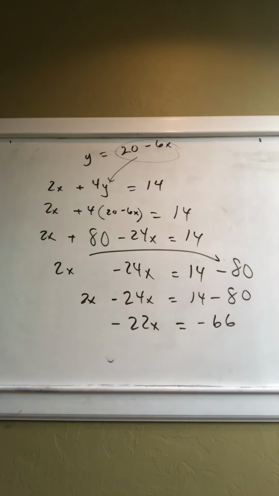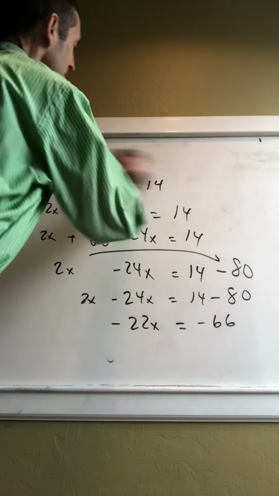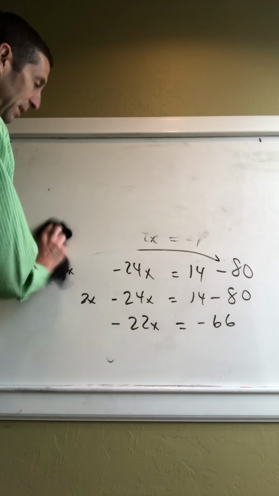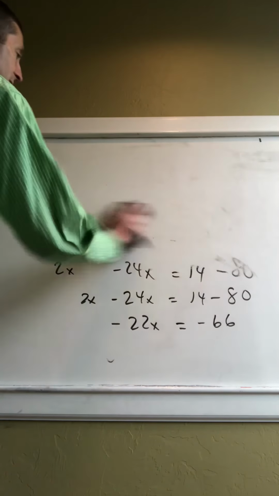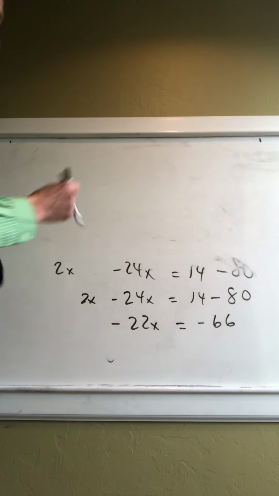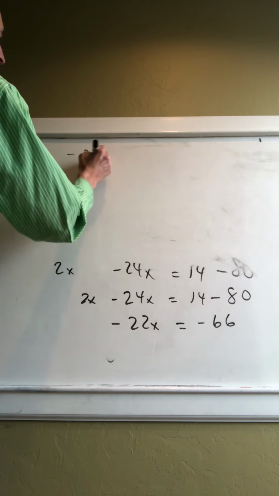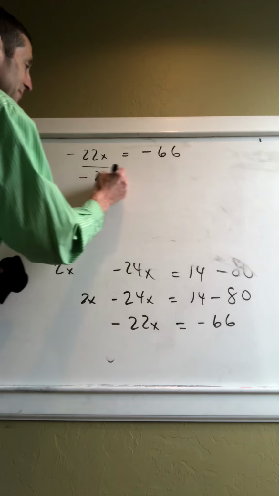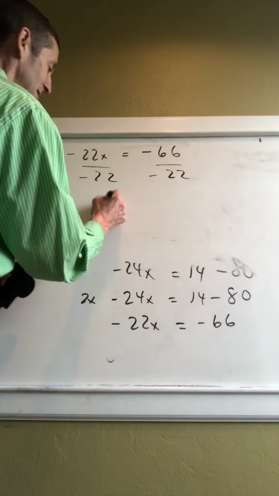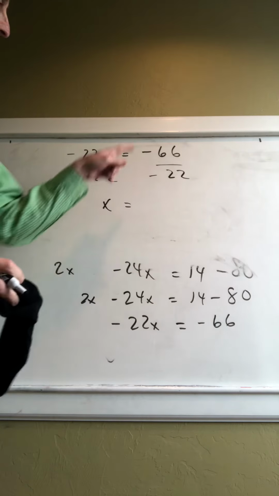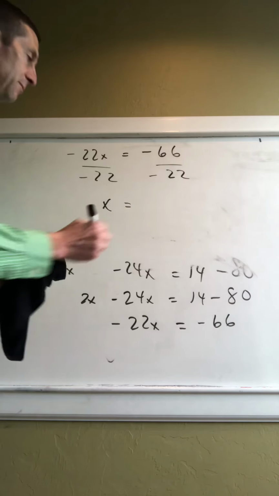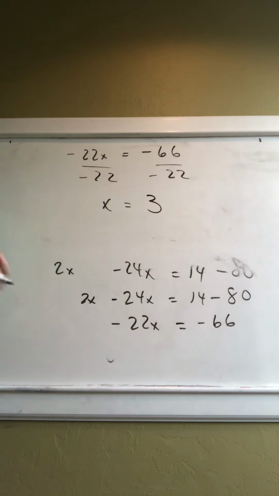So we've got to take and divide by a negative. So we divide by negative 22. And what happens when you take a negative divided by a negative? Negative divided by negative is positive. 66 divided by 22, 3 times.